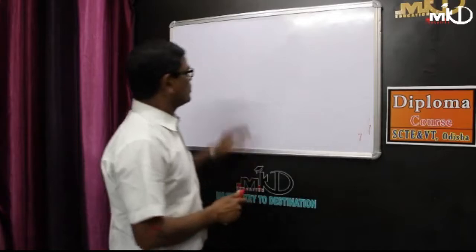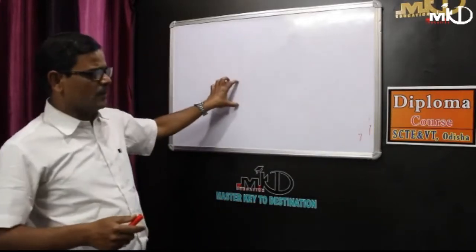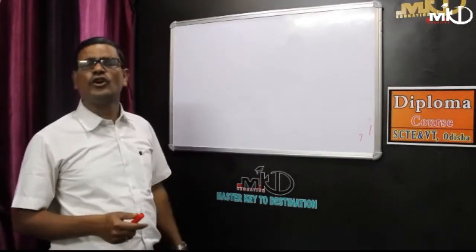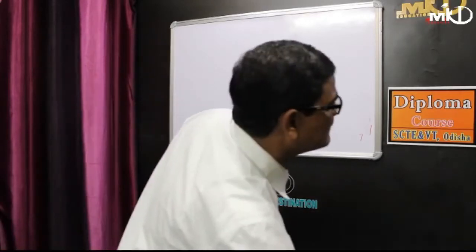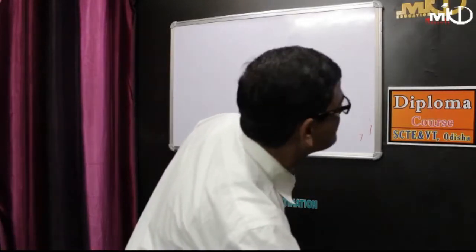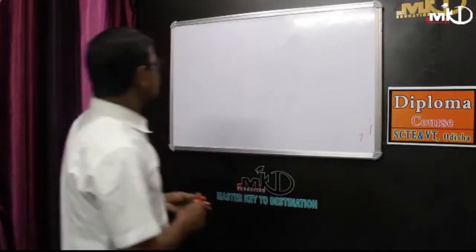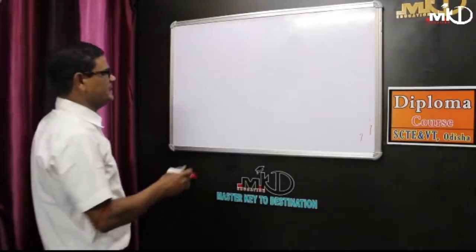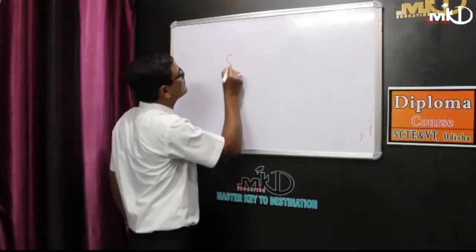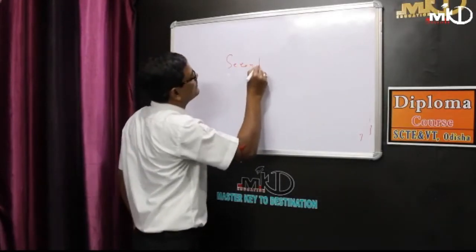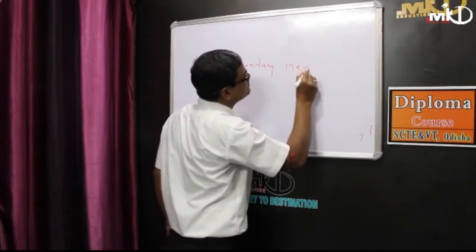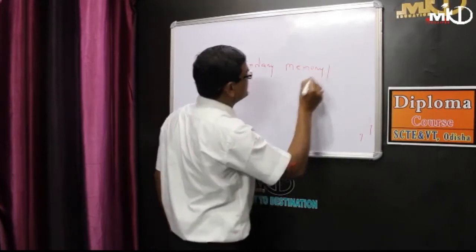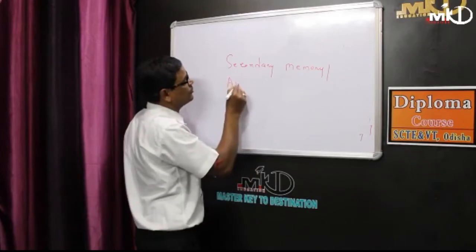Generally, the ROM, PROM, and EPROM are non-volatile memory in nature. So next I will discuss the secondary memory, or the auxiliary memory.